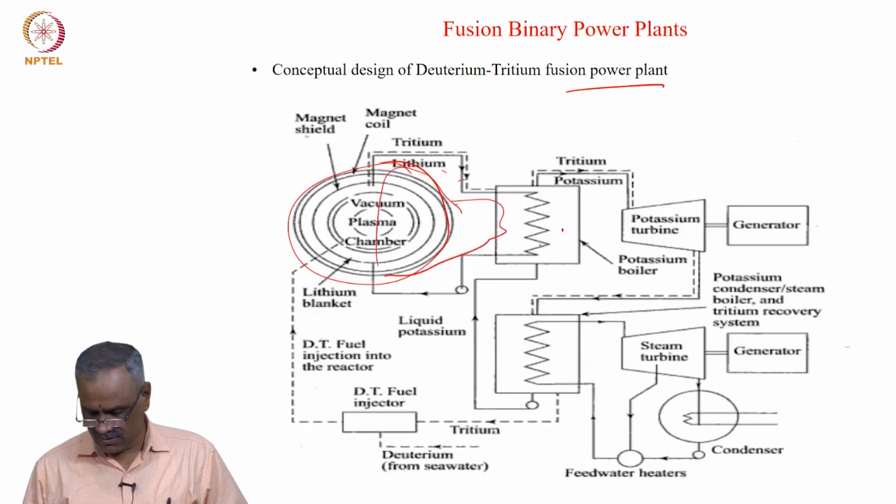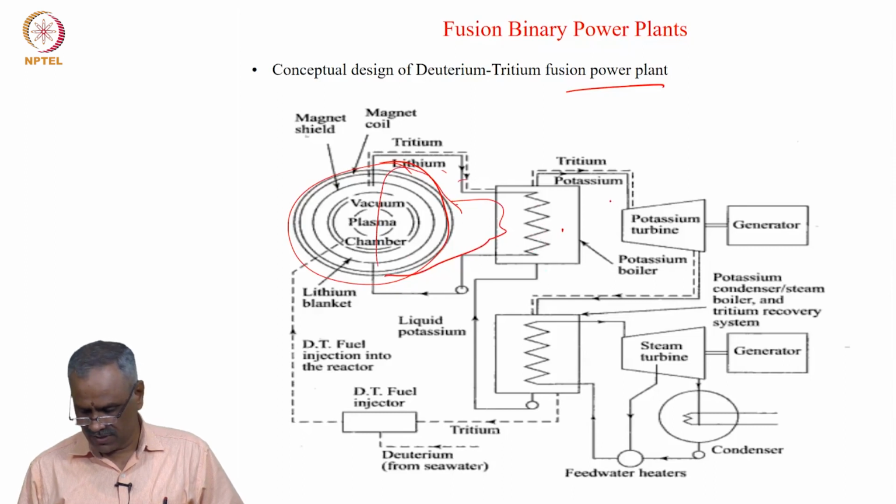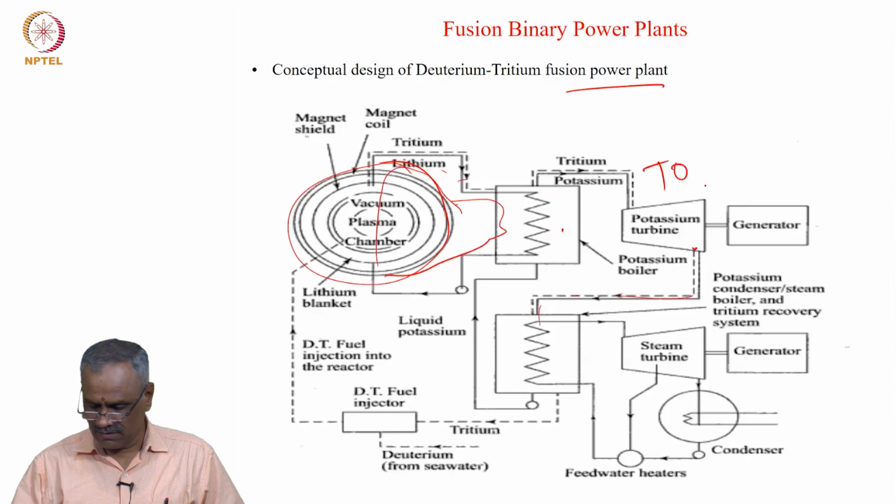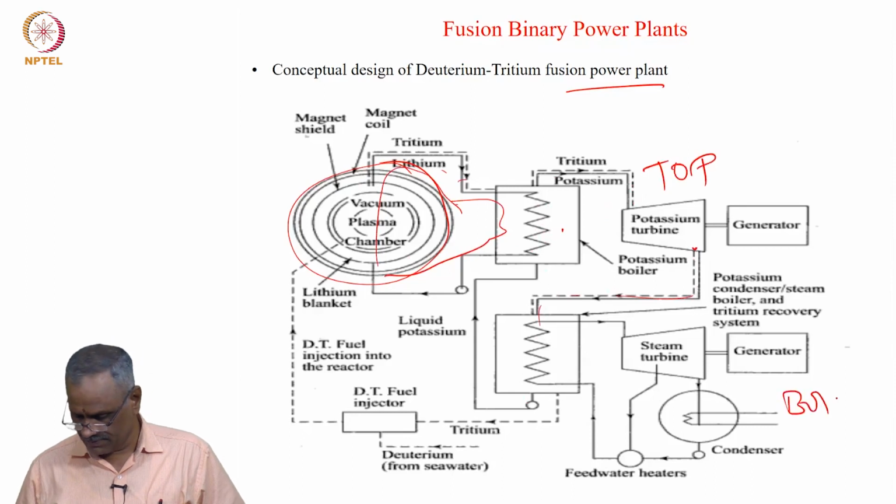the potassium boiler, where the potassium is converted into vapor and expanded in a potassium turbine, and then it is rejected here. It is like a binary power cycle. This is a topping cycle and this is a bottoming cycle.